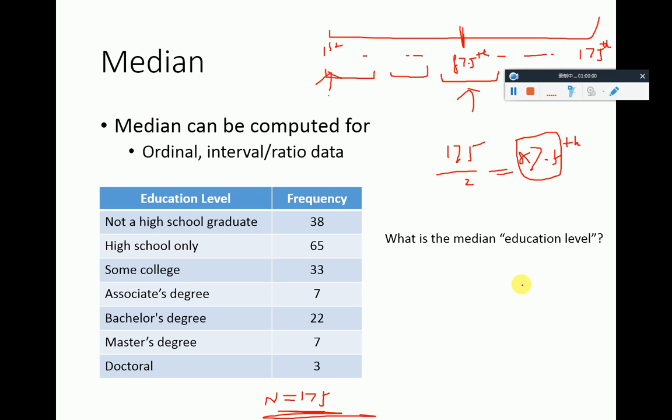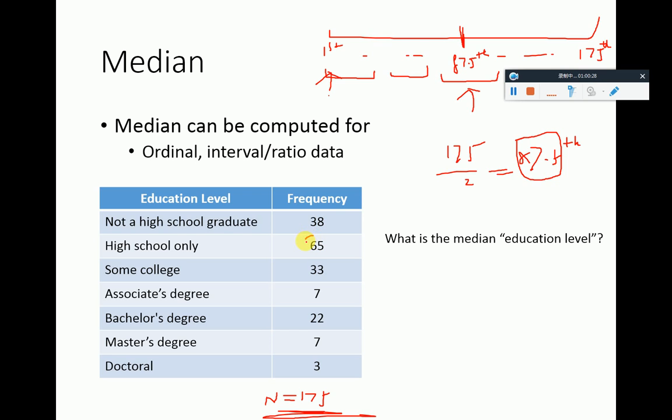Okay, so how to find that? So now we have a goal. We need to find the category that includes this 87.5th individual. Could this category include this person? Obviously not, because 38 is smaller than 87.5.